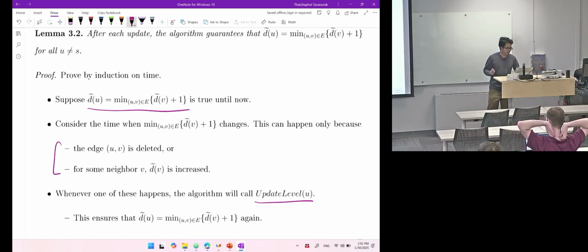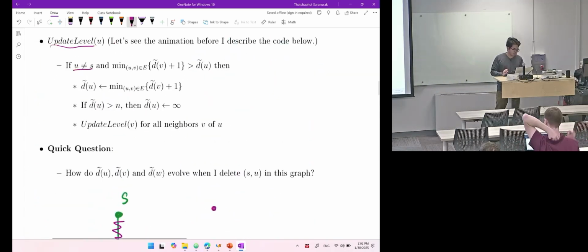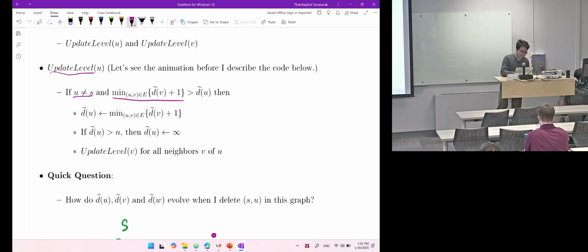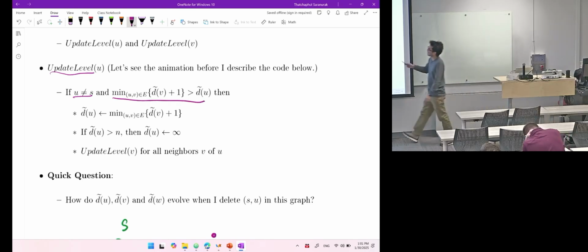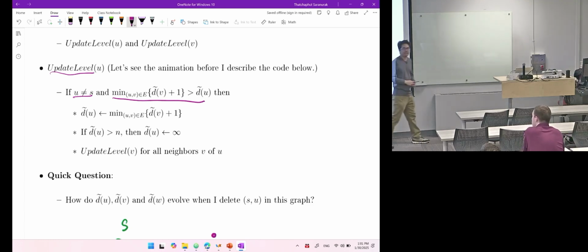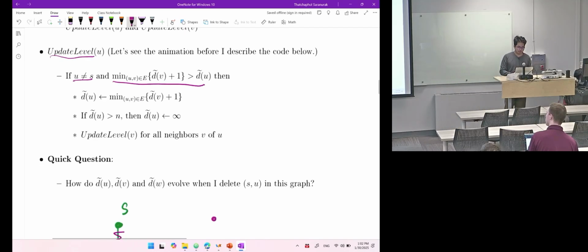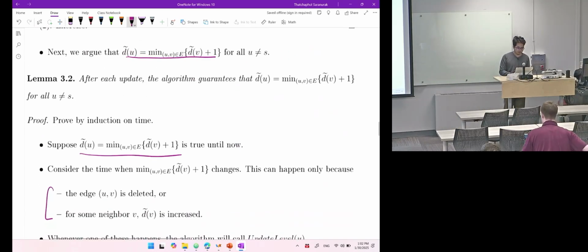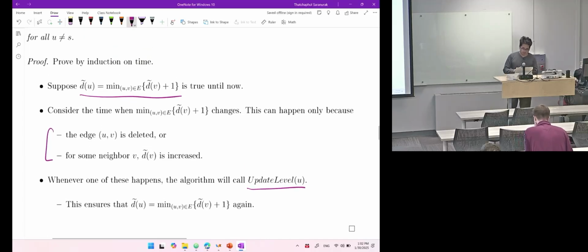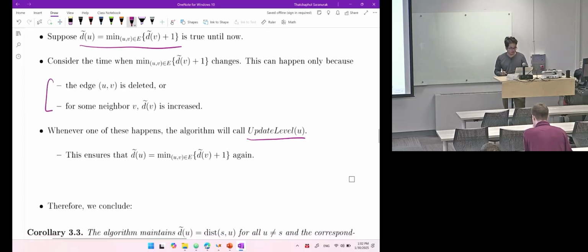Just from the pseudocode, we literally check if this remains true or not. If not, then we update the level to make this thing true. Okay. So that's the correctness.